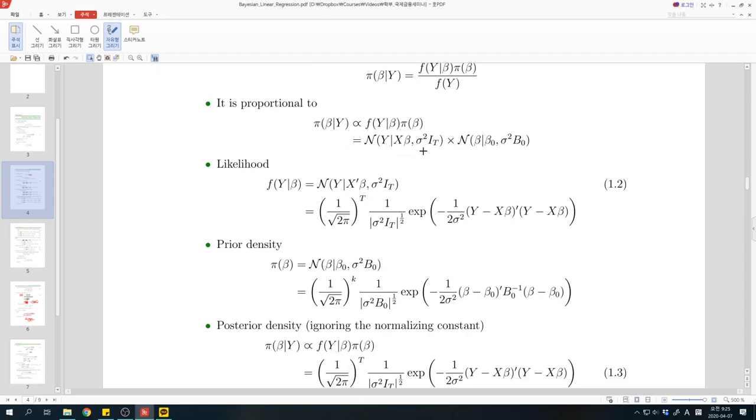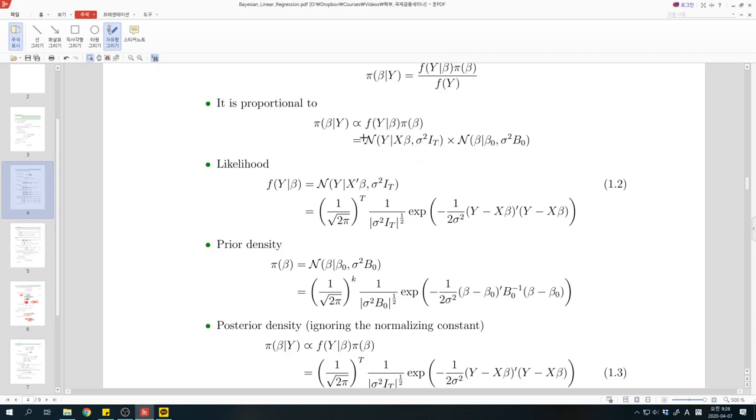Likewise, if the distribution of y is not normal, if this is a t distribution or chi-square distribution or something else, then this is still not computable, even if the prior is normal. So the posterior distribution of beta is not standard. Whenever we say conjugate prior, the likelihood is usually normal, but not always.